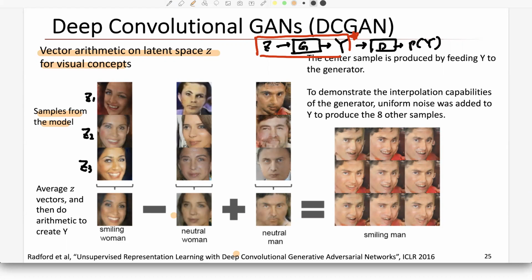Then we can manually cluster these generated images as a smiling class, and then compute the average Z value. In this case, the average Z is going to be the sum of Zi over the number of Z, right?